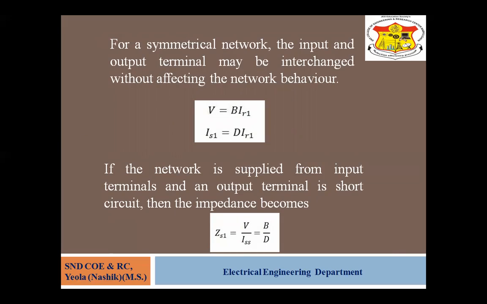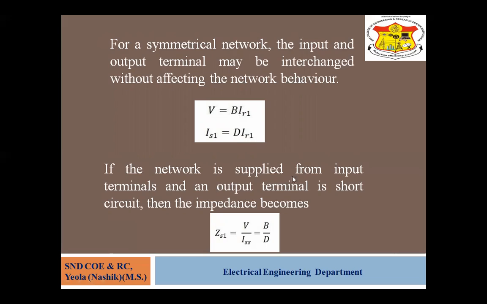Next, for a symmetrical network, the input and output terminals may be interchanged without affecting the network behavior. So voltage V is equal to B into IR1, and IS1 is equal to D into IR1.